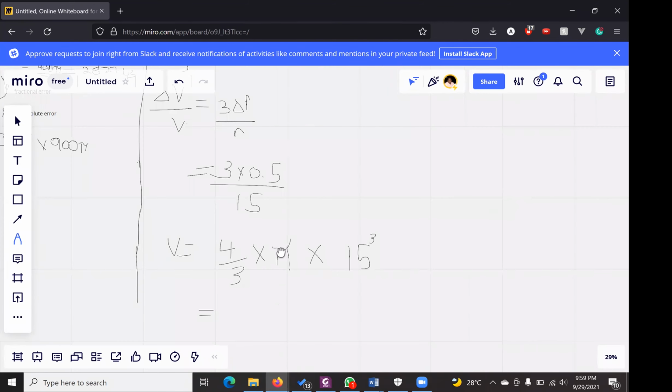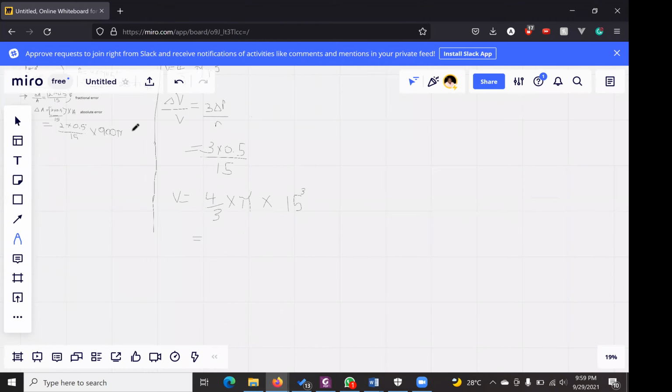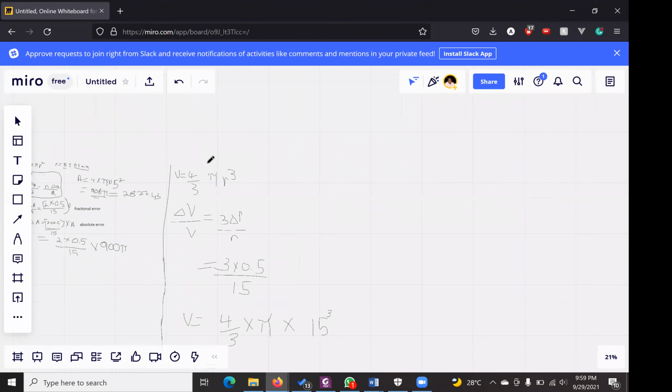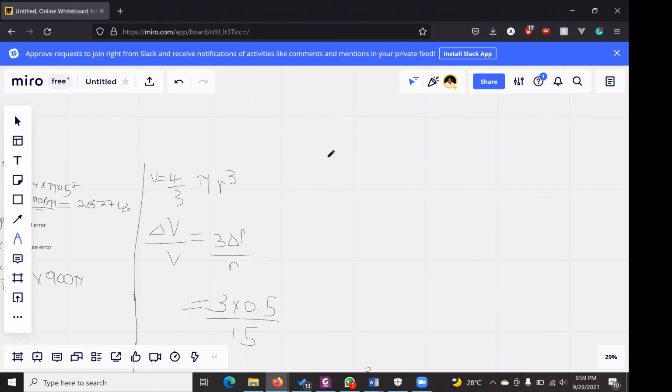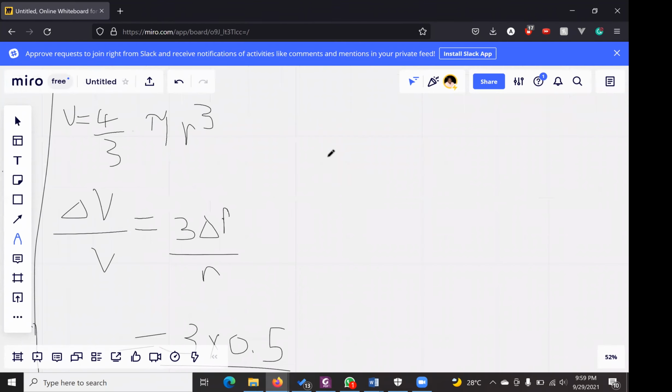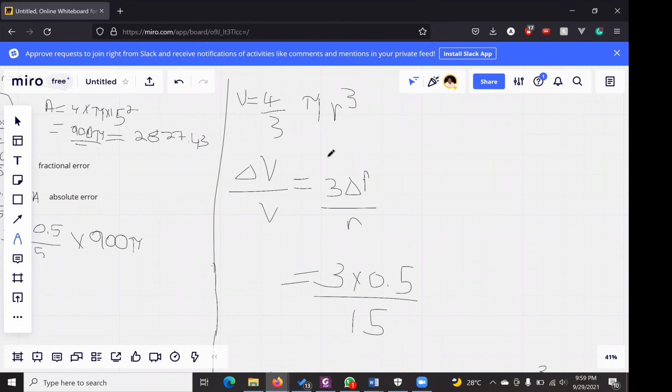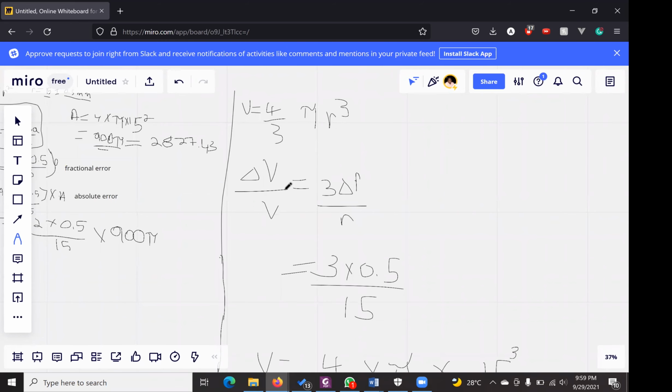No problem. They gave us a volume formula, 4/3 pi r cube. And the fractional error is the absolute error over the actual volume, which is really delta v over v in this case. Now we know that from rule 3 with the propagation of errors that, let me go back over here.